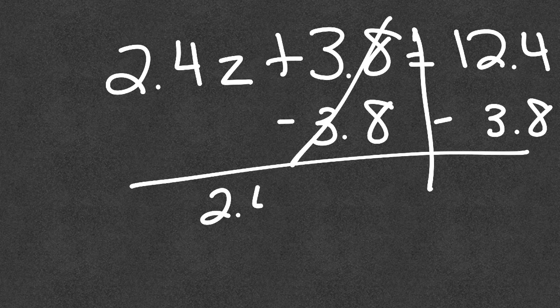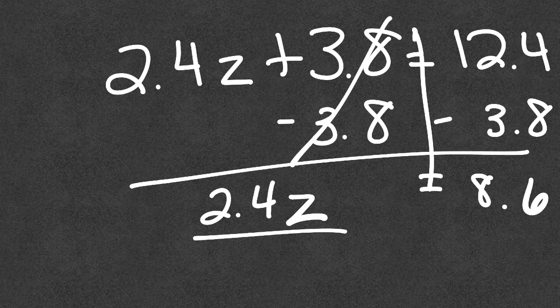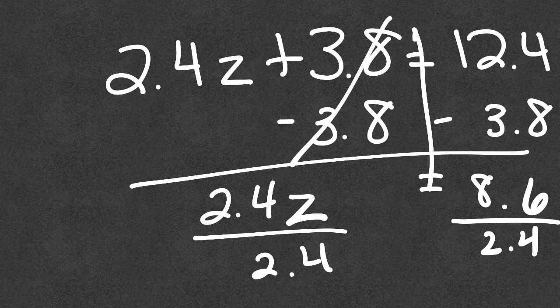Key there, we're going to do it from both sides. Cancels out. I'm left with 2 4/10 z. Remember, it doesn't matter if it's an x, z, or y. They're just variables. So then I'm left over here with 8 6/10, and then we would just need to divide both sides by 2 4/10. And if you need a calculator for this, since we're not at school, feel free to grab a calculator.